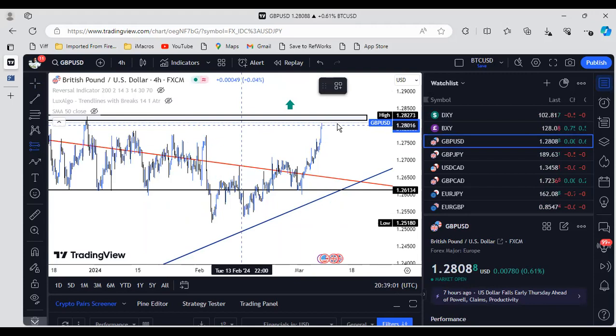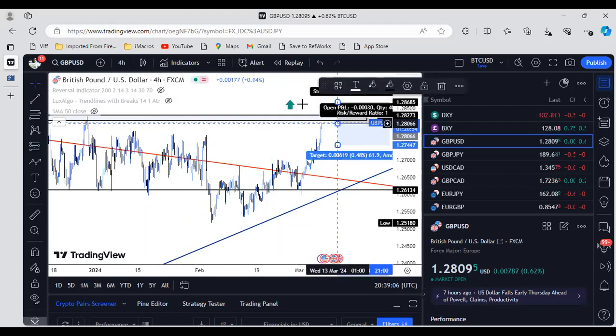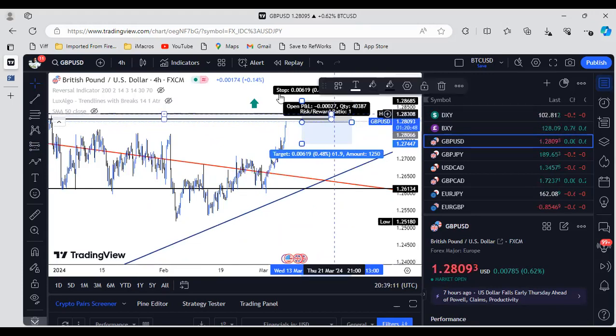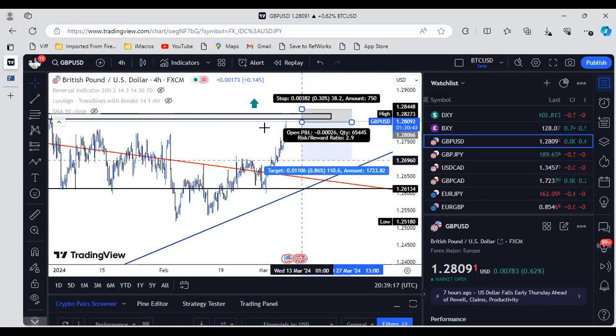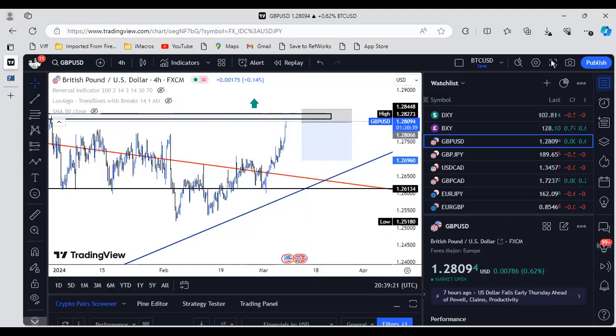I don't know what's going to happen around this zone. Obviously, I'm sure you've been told to treat support and resistance as a zone, not as a line. So I don't know what is going to play out within this zone, but this is what I'm looking at, guys, for my NFP trade tomorrow.